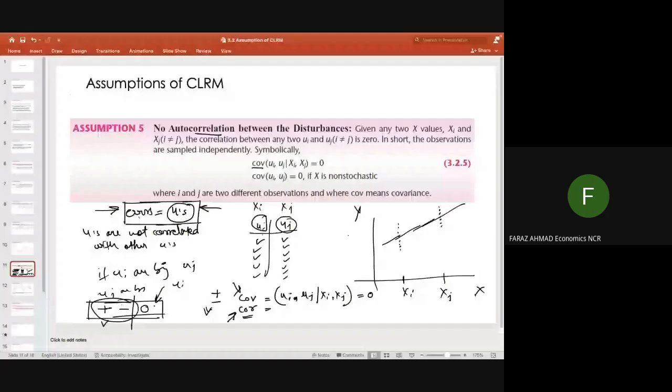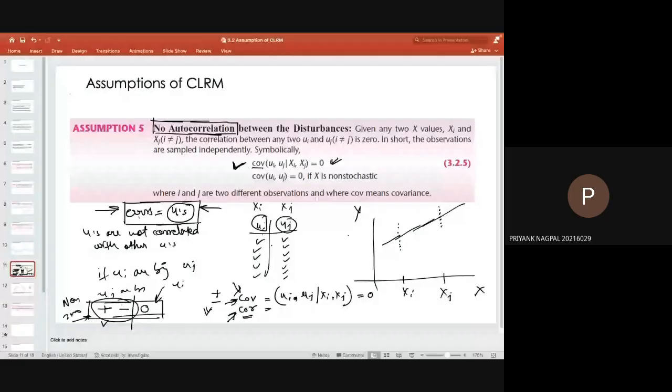So there are two possibilities that you're looking for: whether there is any covariance, positive or negative, or there is no covariance, so that covariance is zero, right? In that case, you can use these two concepts interchangeably. We just want to know whether covariance is zero or non-zero, positive or negative. That's what we are interested in.